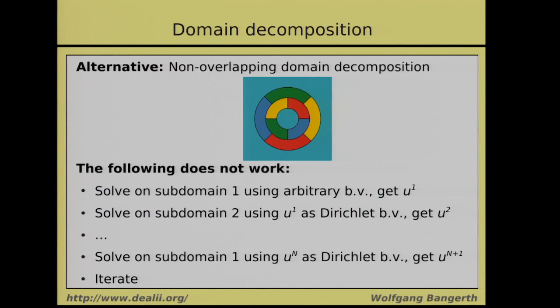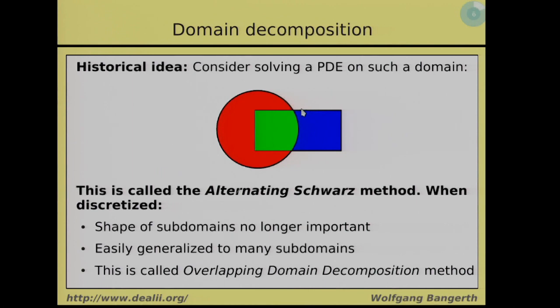So if you go back here, that was not so much of a problem, because let's say I start with the 0 boundary values here to compute on the circle. The red solution is 0 here, but it is going to be non-zero over here. Then when I solve the blue solution, it will give me something. In particular, it will likely give me something that is non-zero here.